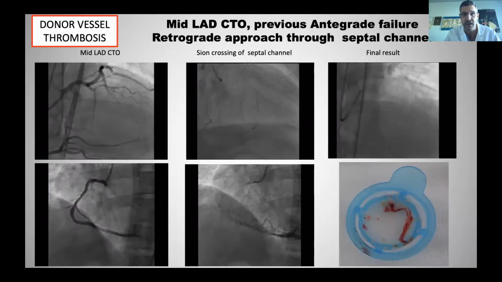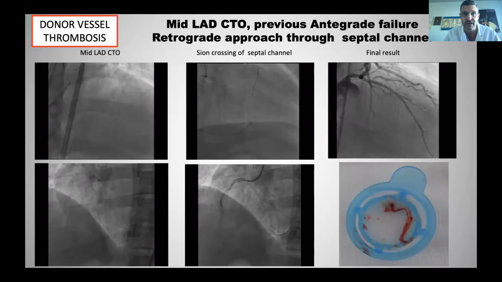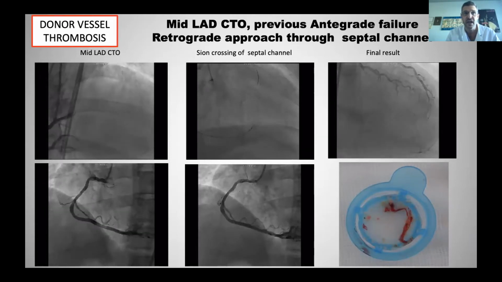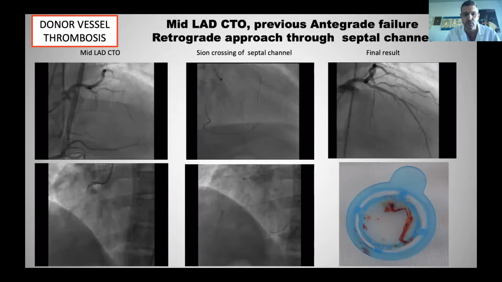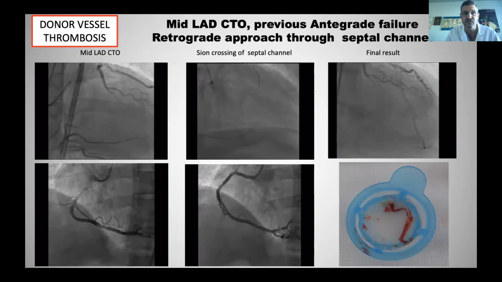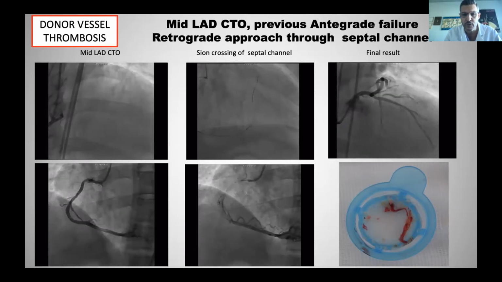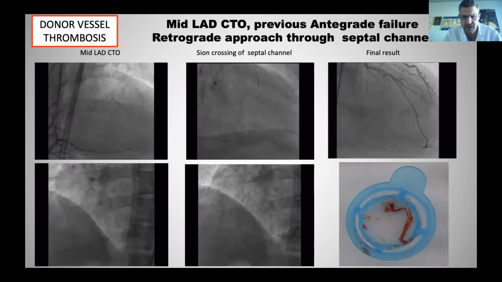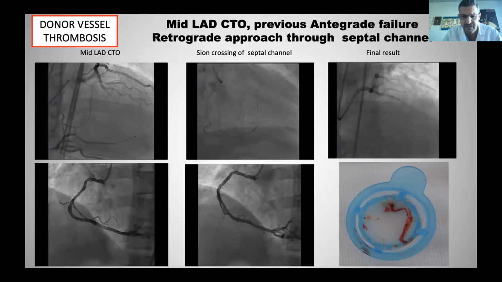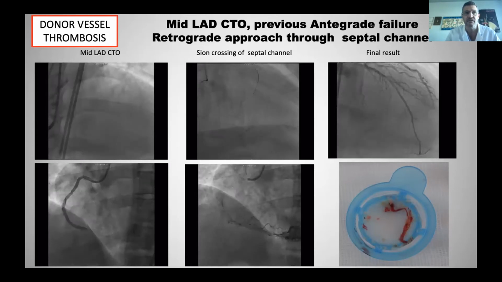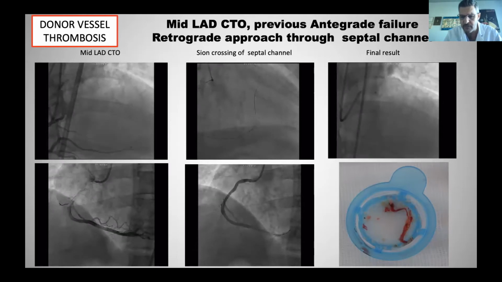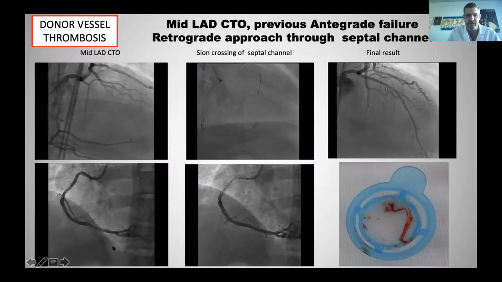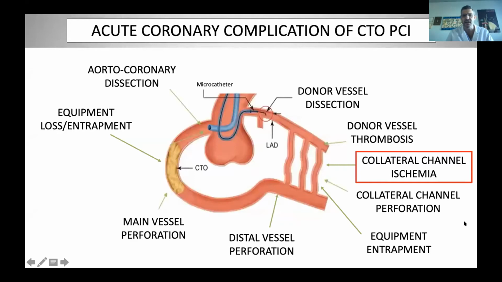And during retrograde CTO PCI, you should check every 20 minutes to have more than 350. So you should not be afraid to administer heparin if the ACT value is not the therapeutic one, because a thrombotic complication could be really catastrophic.